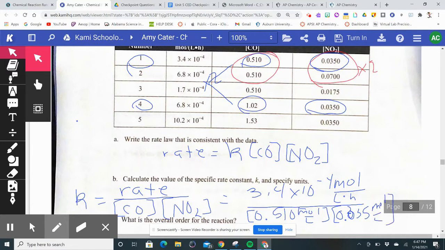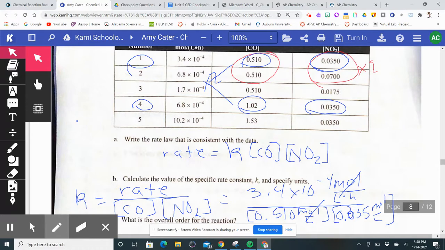Okay. And that means that moles per liter will cancel with this moles per liter, and you'll be left with moles per liter per hour. So I'm going to let y'all work out the math on that.